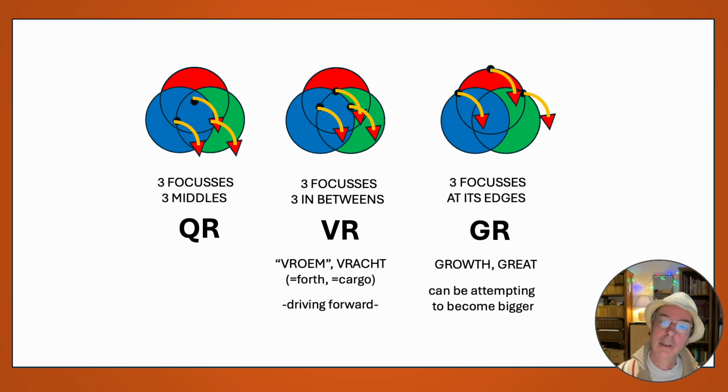But what you can see already, the growth and great, you can sense how easy it is to make the forms or even the area become bigger. So that is recognizable, that it is one of the possibilities that you can create by starting from G and adding R. It makes the things bigger.